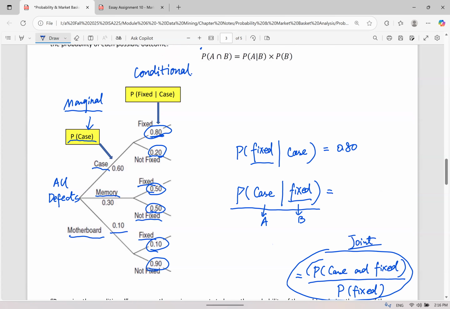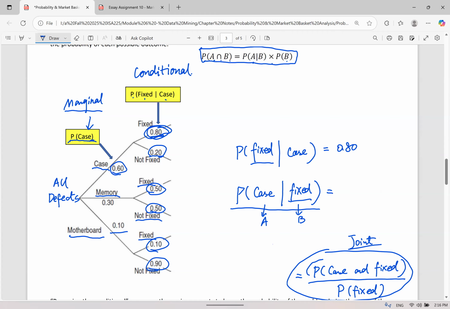We still have the multiplication rule, the general multiplication rule. We say the probability of A and B equals the conditional probability times the probability of the condition, right? So what is this 0.60? This is the probability of the case. This 0.80 is the probability that, given the case, this case alignment problem can be fixed.